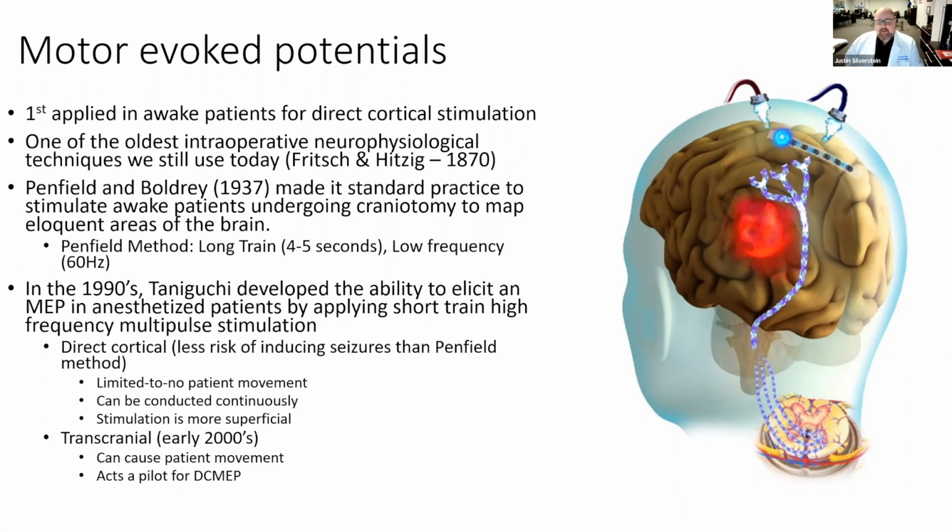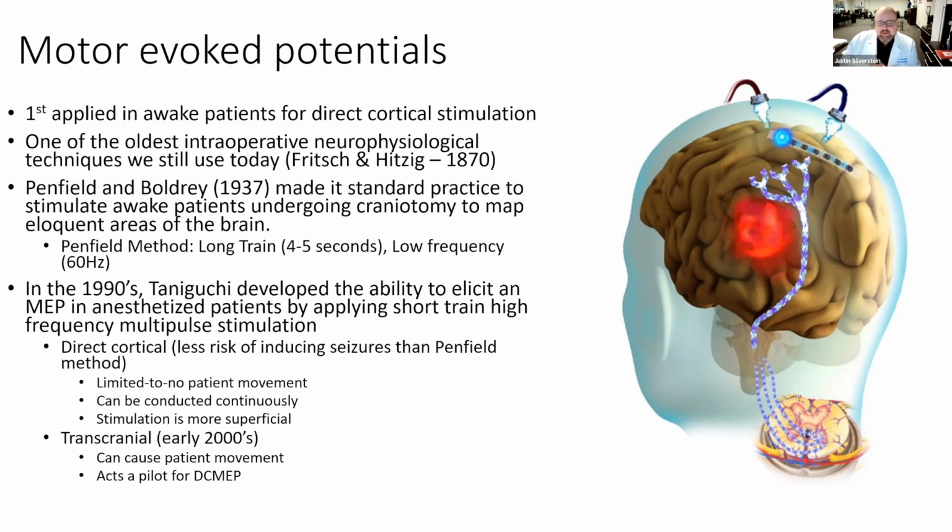In the early 2000s, we were able to take the application of multi-pulse stimulation and apply it transcranially by putting electrodes over the scalp. Now, this causes a lot of movement because we have to penetrate electrically through the scalp, through the cranium, and we need a much higher intensity of stimulation. So because of that, this does cause movement.